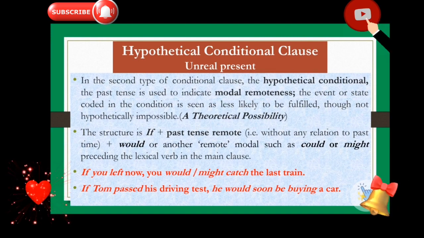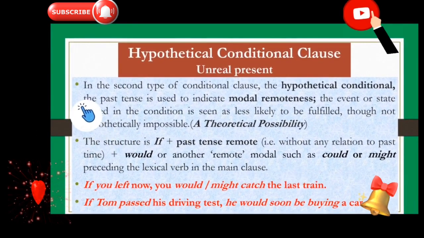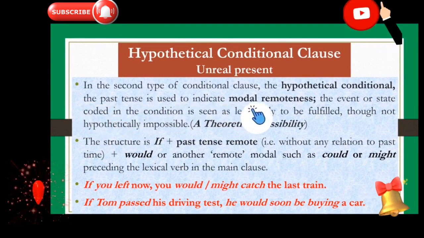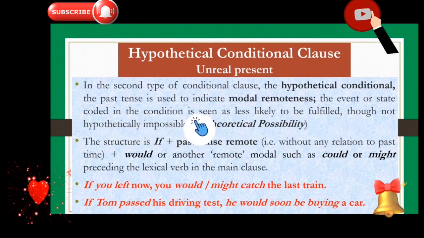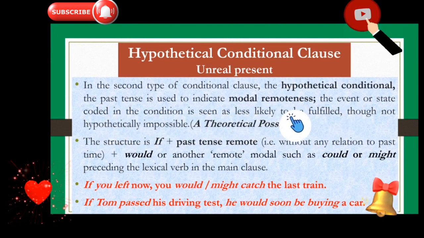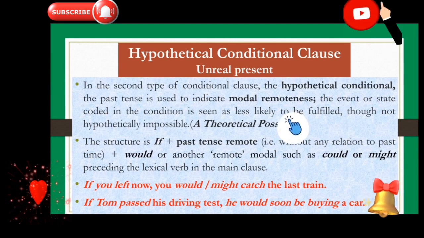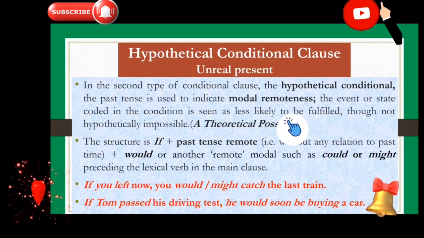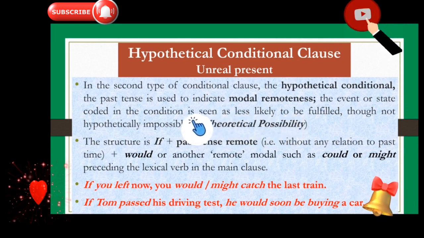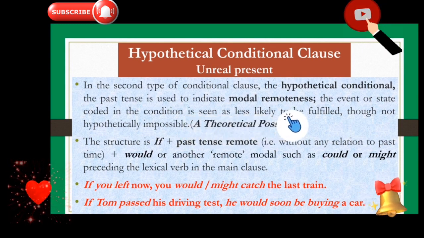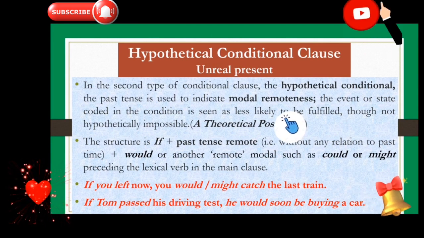In the second type of conditional clause, the hypothetical conditional, the past tense is used to indicate modal remoteness. So it means that using this clause, we talk about something away from reality. You can see here that it indicates modal remoteness. So remoteness means that we are away from reality. That is unreal.